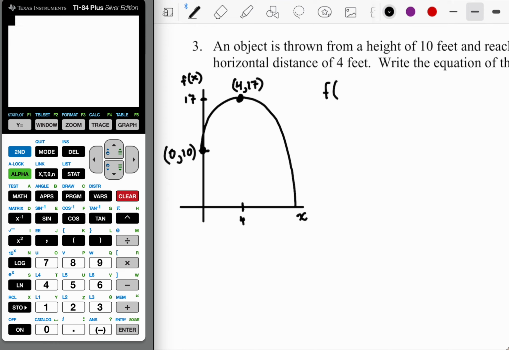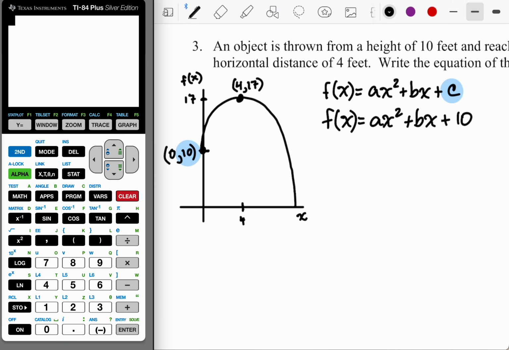So if I write the most general form, ax squared plus bx plus c, I can immediately state that the c value has to be 10. Okay, we have that information right away.